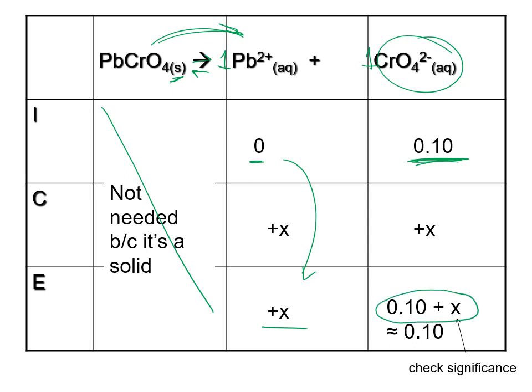But we know based on the Ksp, the shift to the right is going to be pretty small. It had a really small K value, so the shift from the reactants to the products is going to be quite small. We should check this, but essentially if that Ksp is really small, x is going to be quite small relative to the initial concentration of chromate. So probably the final concentration of chromate is going to be pretty close to 0.1 anyway, so we can just use 0.1.